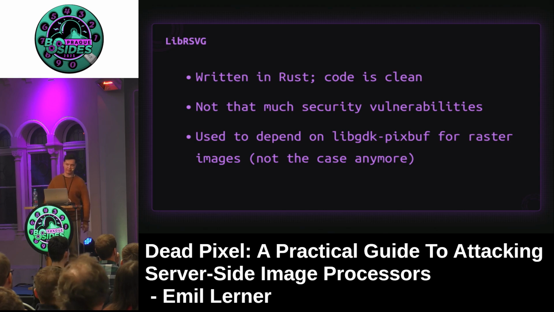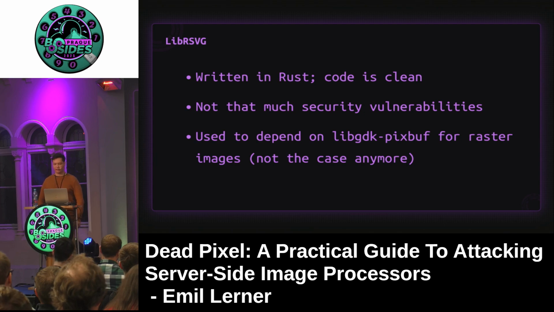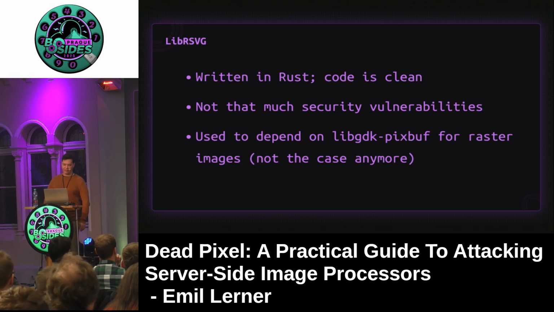So if you see this, you will immediately know that Inkscape is used on the server side. Today I will describe one of the bugs I found in librsvg. And, well, generally librsvg is a good library. It's written in Rust. The code is pretty solid. It doesn't have that many security vulnerabilities. I know there was another one, but it's pretty solid. However, it used to depend on another library named libgdk-pixbuf for raster images.